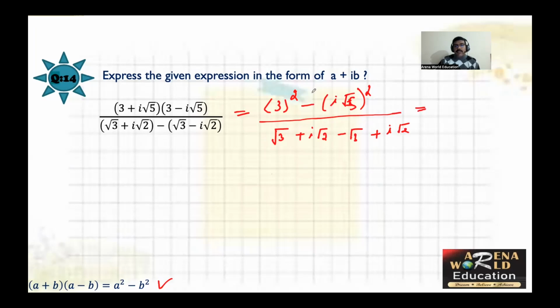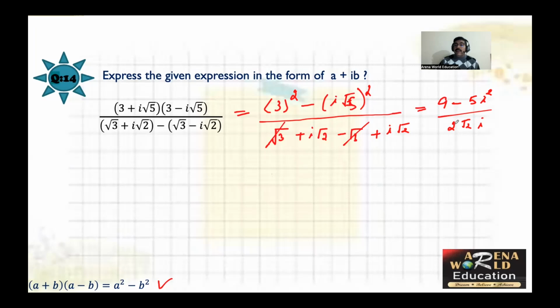So this will be what? 3 3s are 9 minus, this will be under root 5 square, this will be 5, and 5 iota square, divided by, you can see root 3 and minus root 3, this is gone, and you are left with 2 under root 2 iota, because iota root 2 and iota root 2.